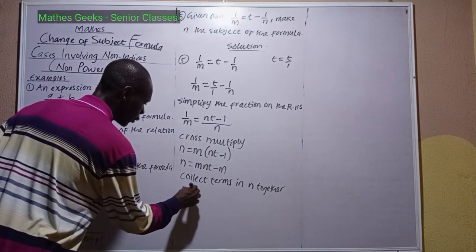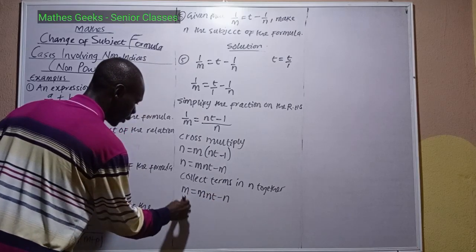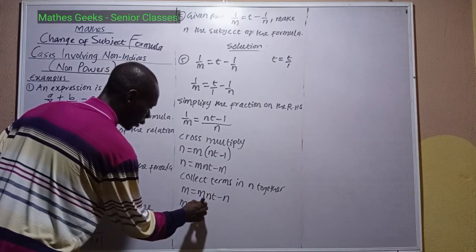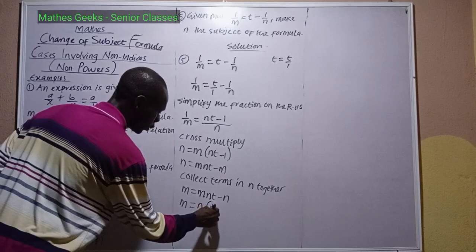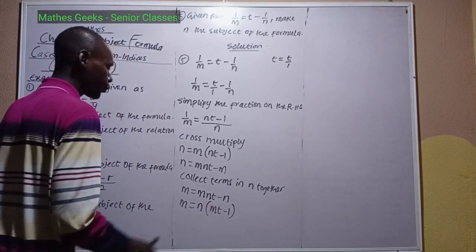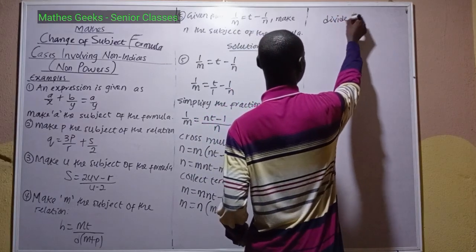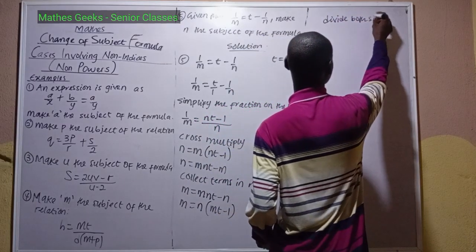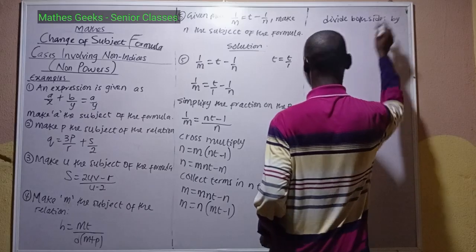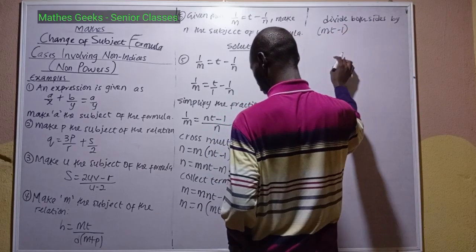So n is equal to nt minus n. n is equal to n(t minus 1). So divide both sides by n(t minus 1).